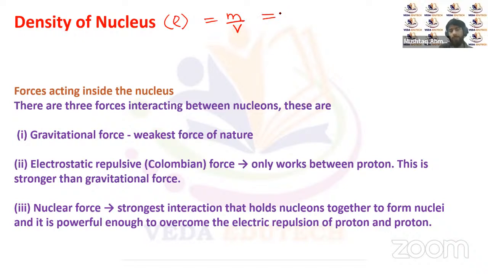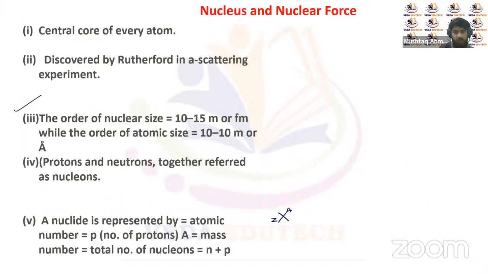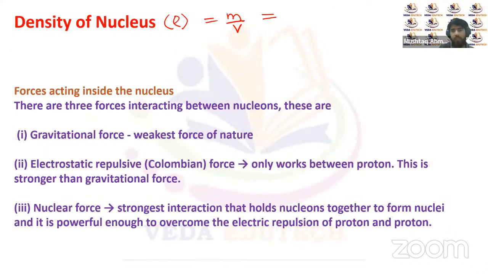We know that if A is the mass number of a nucleus, then A is the number of nucleons present in the nucleus.